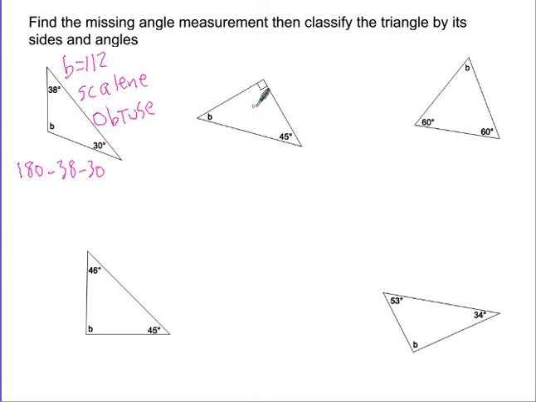All right, what about this next one? 180 minus 90 minus 45 would give us 45. So B equals 45. What kind of triangle? Right isosceles. A right isosceles triangle will always be 90, 45, 45.